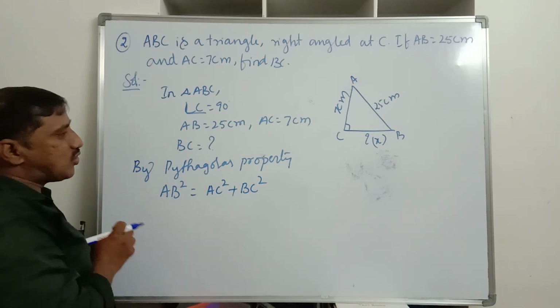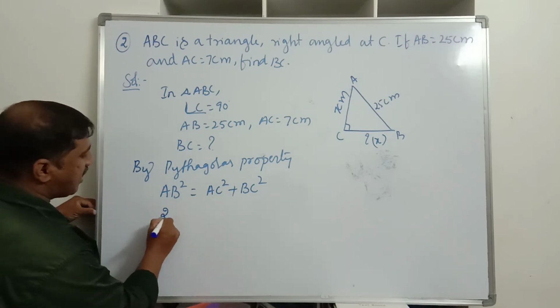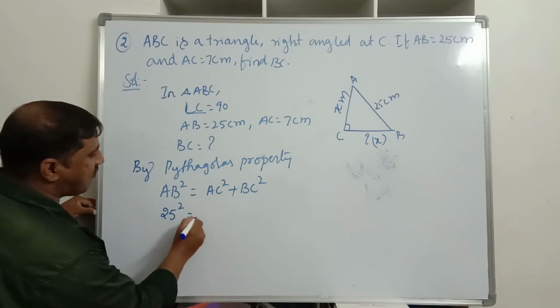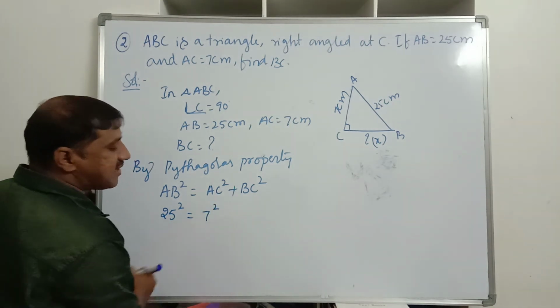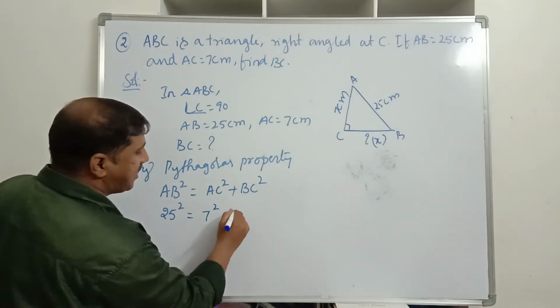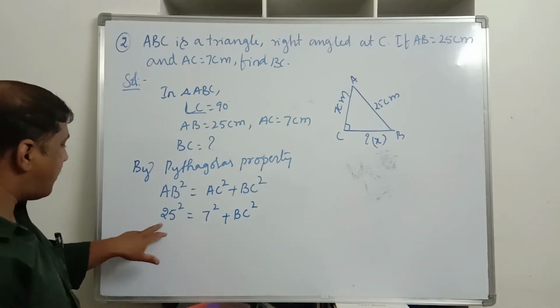Now substitute those values. AB is equal to 25, therefore AB square is 25 square. AC is equal to 7, so AC square is 7 square, plus BC square. Now simplify.